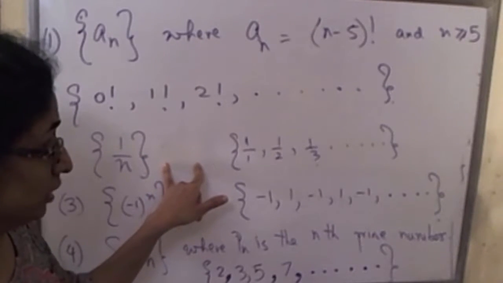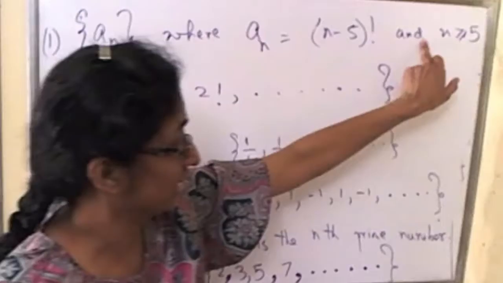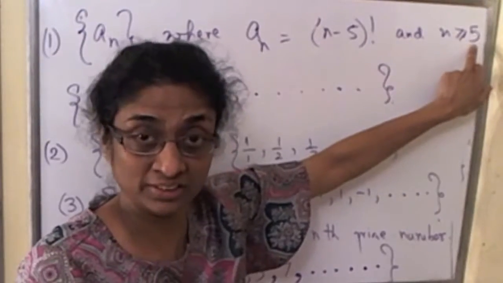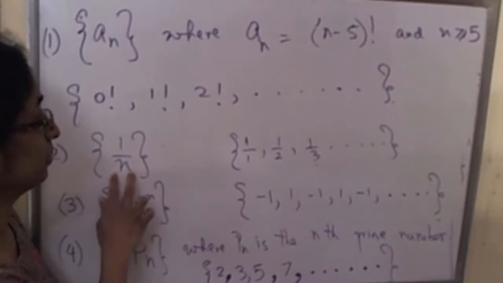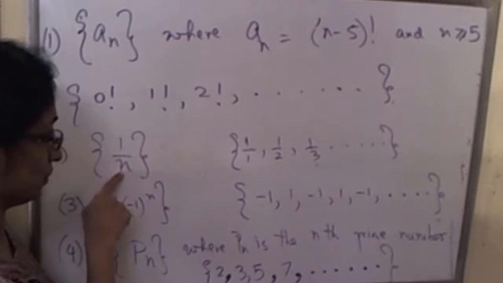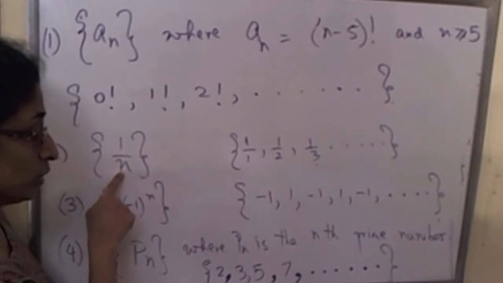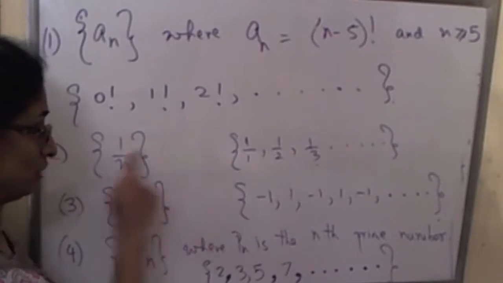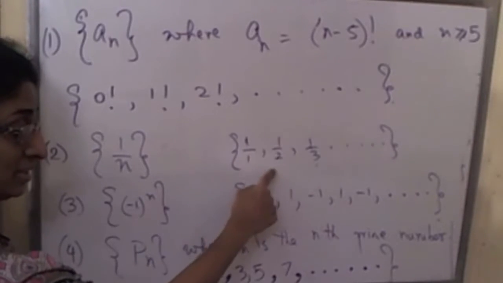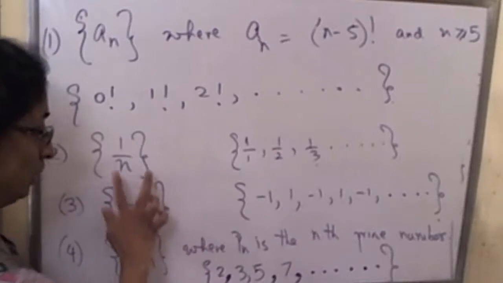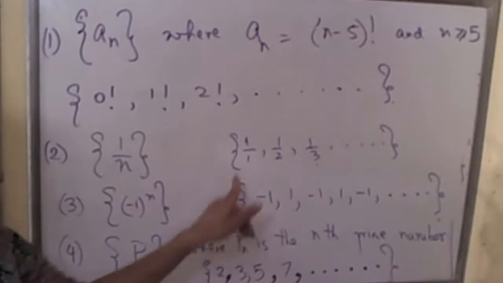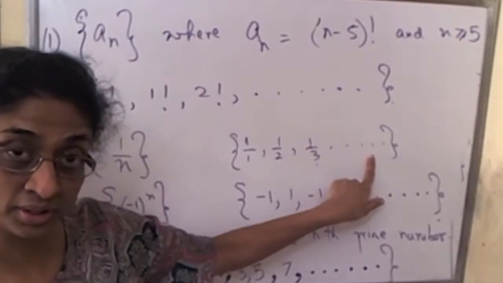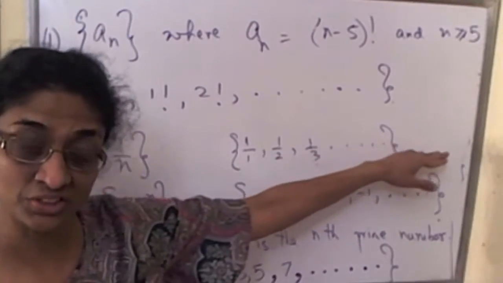So if I don't tell you anything about n, such as n greater than or equal to 5 or anything like that, then simply assume n starts at 1. So if you put in n equals 1, I get the first element of the sequence. If you put in n equals 2, I get the second element of the sequence, and so on. So this sequence expanded out is exactly this sequence.